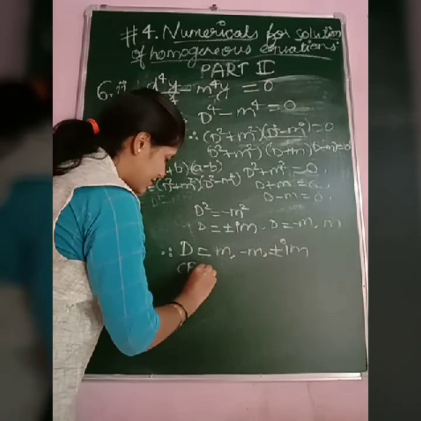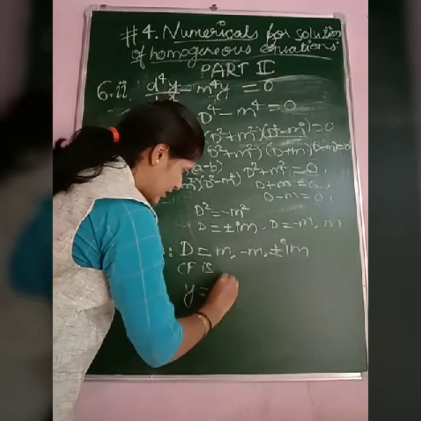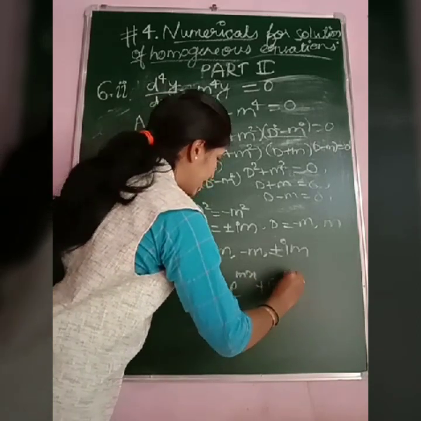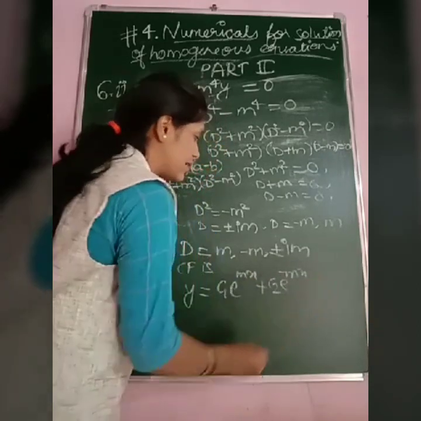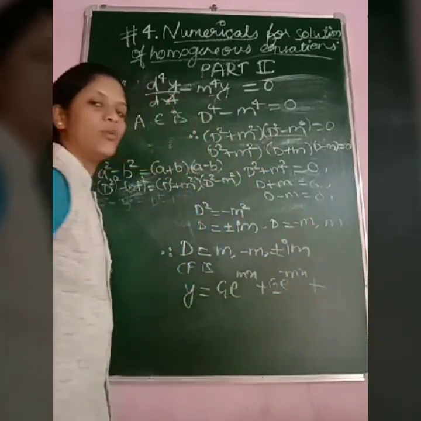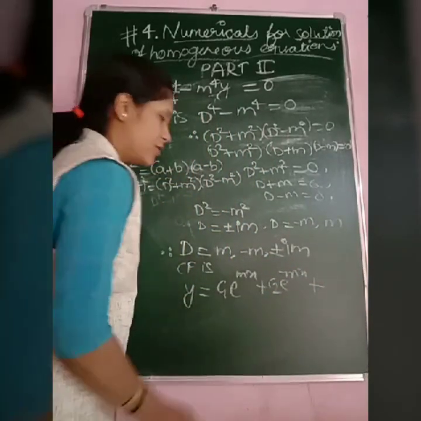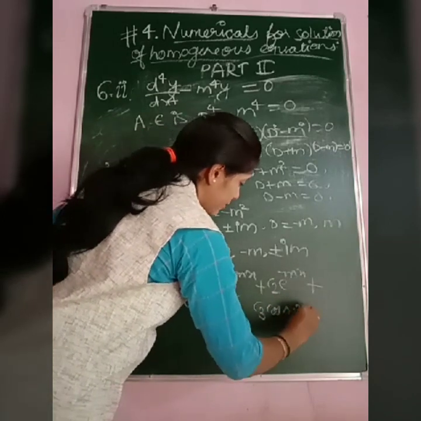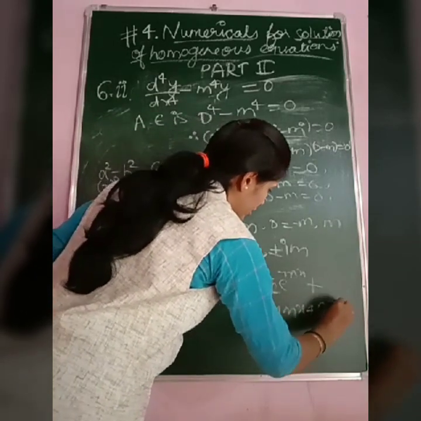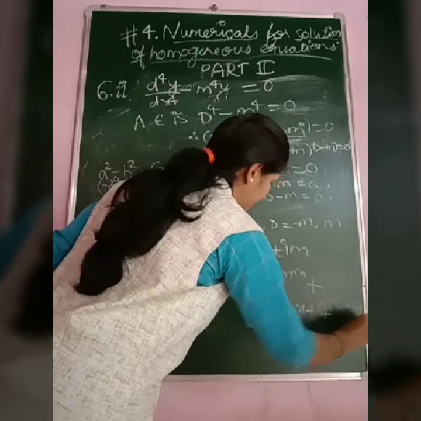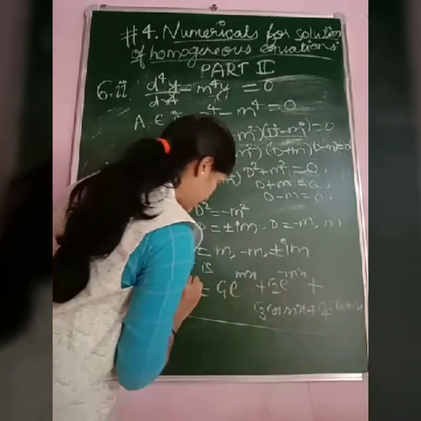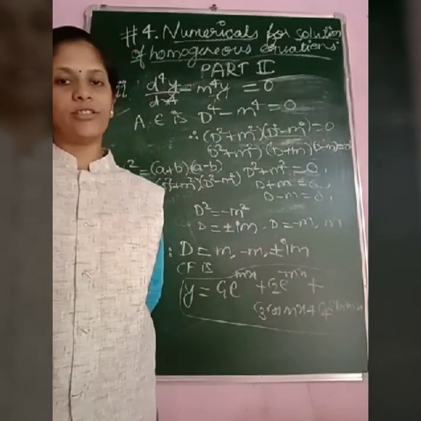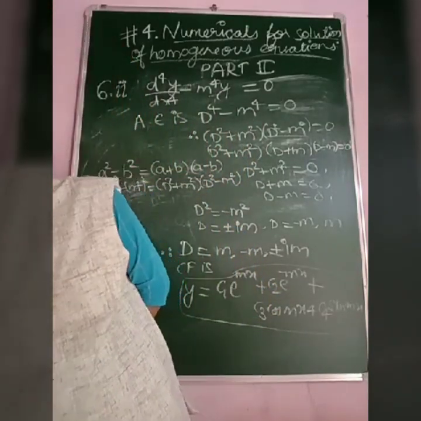So the complementary function is y equal to c1 e raised to mx plus c2 e raised to minus mx plus, where the real part alpha is 0 and beta is m, c3 cos mx plus c4 sin mx. So this is our complementary function for this numerical.